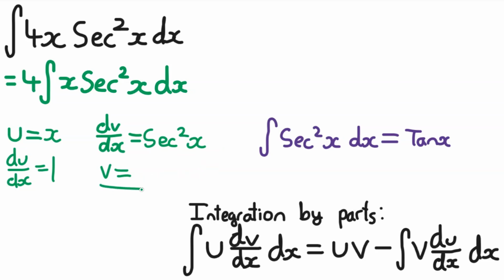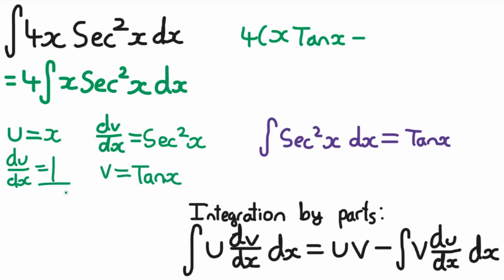So therefore, v is going to be equal to tan x. So the integration by parts formula is going to be uv, which is x multiplied by tan of x, so it's going to be x tan x, minus the integral of v multiplied by du over dx, so it's going to be tan x multiplied by 1, which is just going to be tan of x.